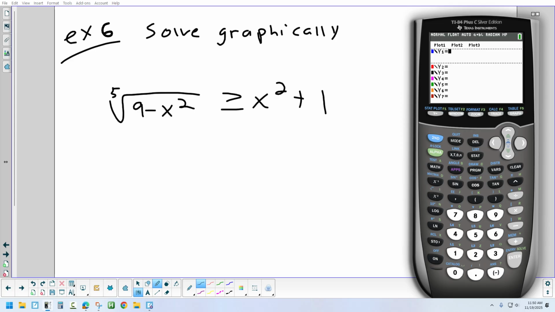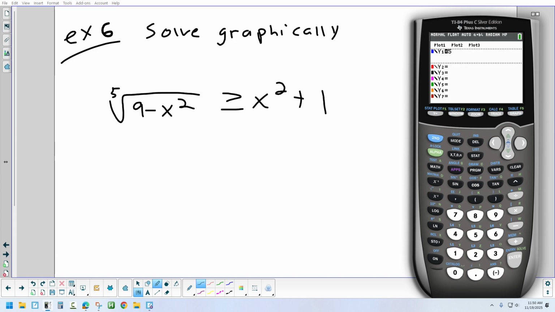I don't think we've used it today, but we've used it a lot. It's not a button. It's something the calculator does for you. It figures out for you. The intersect, yeah. This is going to involve finding an intersect.